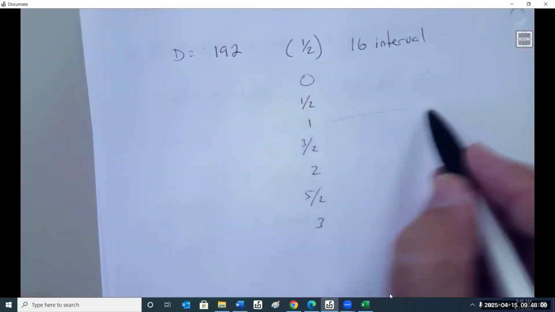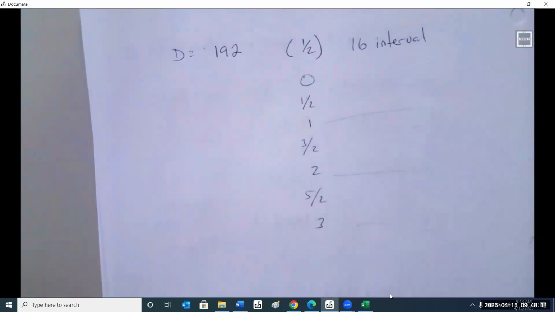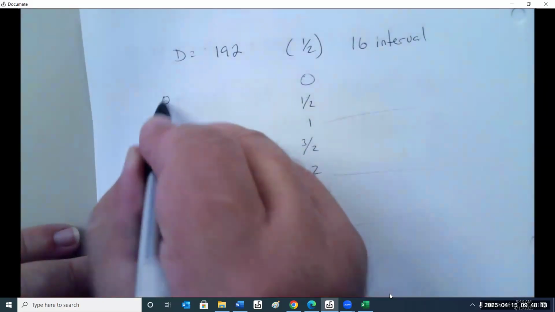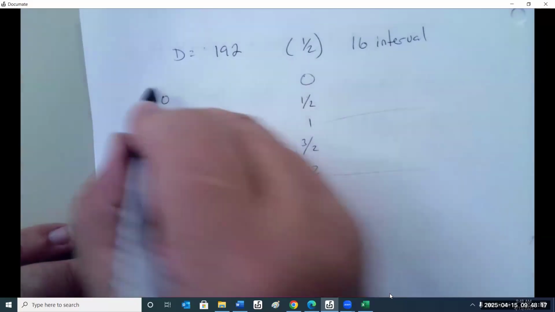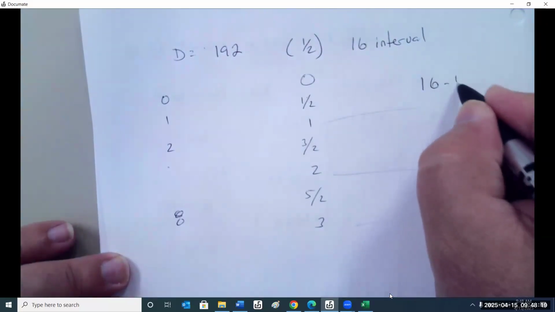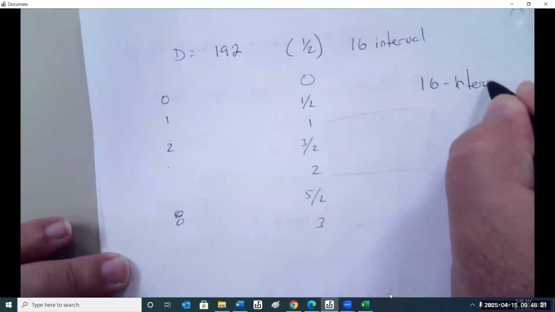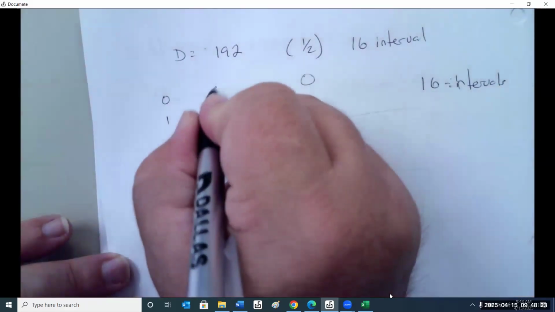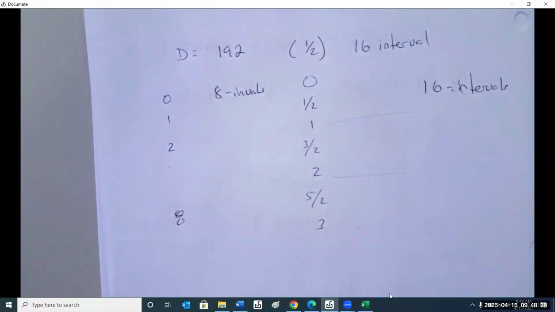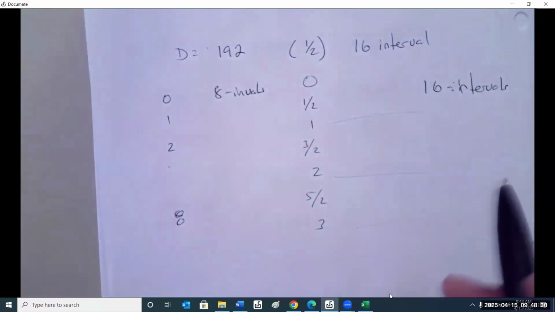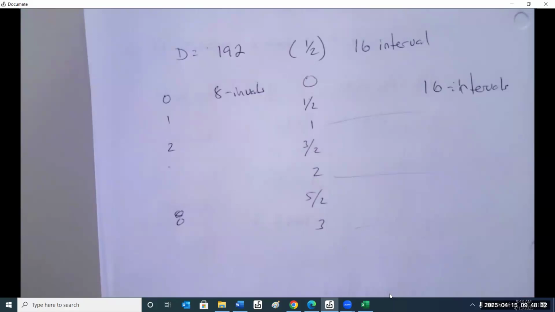Earlier, we only had 8 intervals. Now we have 16 intervals. When we do that, we get much closer and a much better calculation.